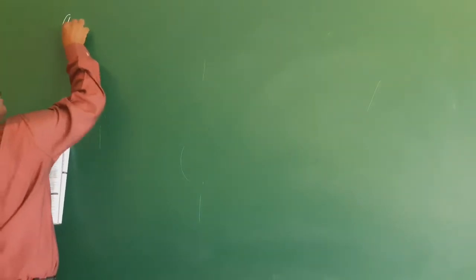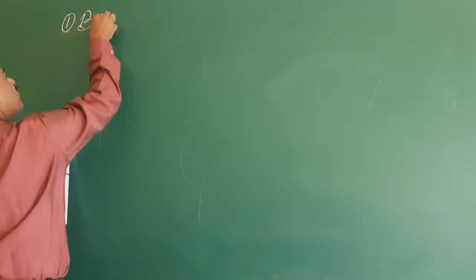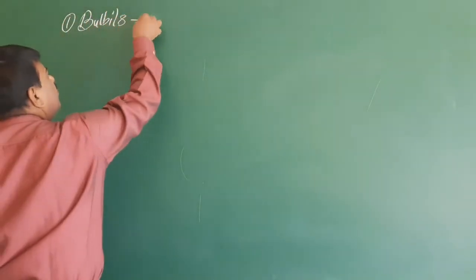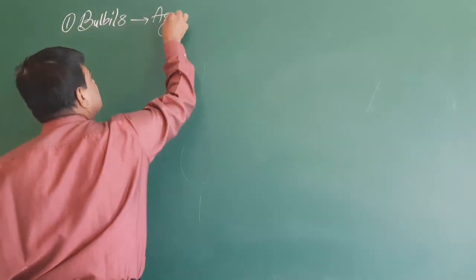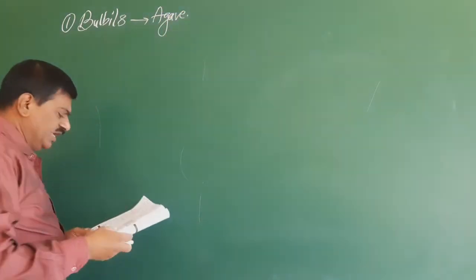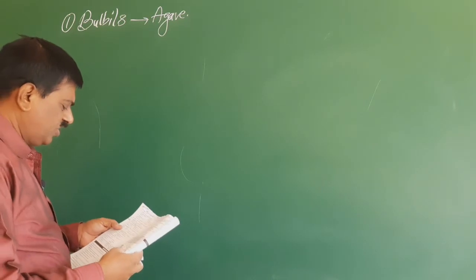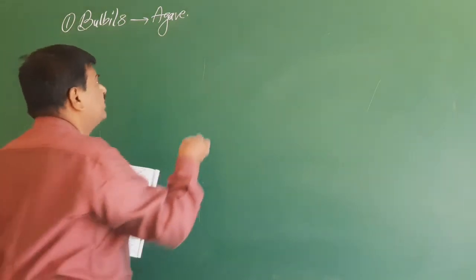So the first option here is bulbils. These bulbils are examples from agave. In an agave plant there is the presence of bulbils. So this is not the right answer.